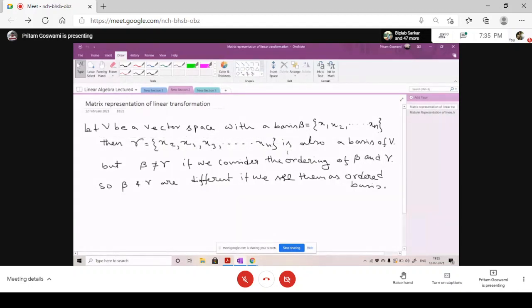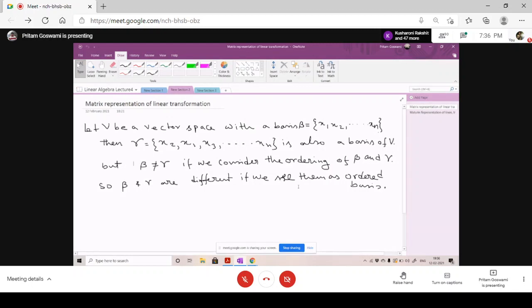But if we consider the ordering also, they are not the same. And when we are dealing with the matrix representation of a linear transformation, we will be dealing with ordered basis. So order has to be preserved also. For a basis beta, we always write beta in the same ordering in which it is provided. We will not change the order.